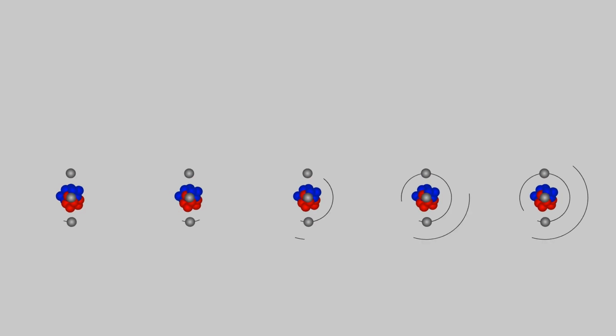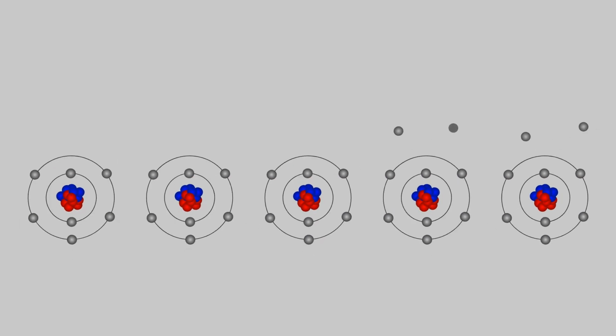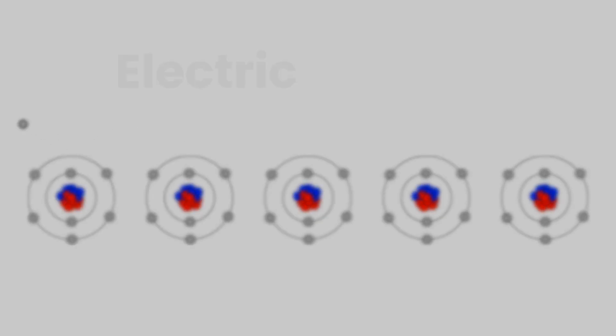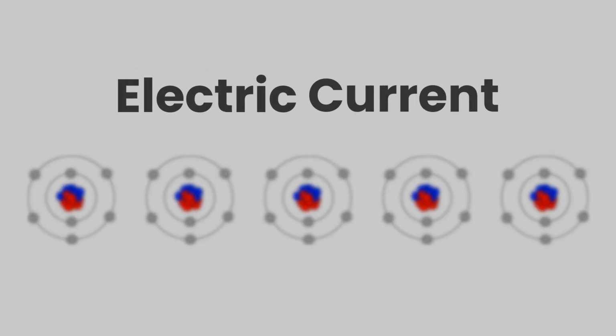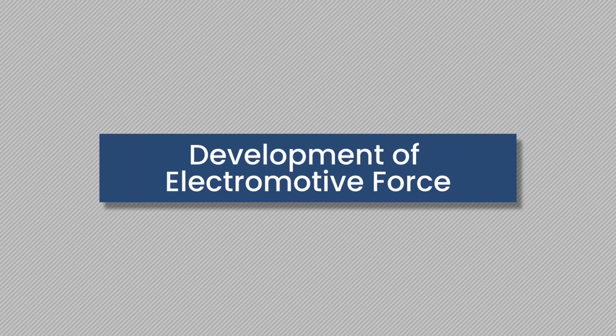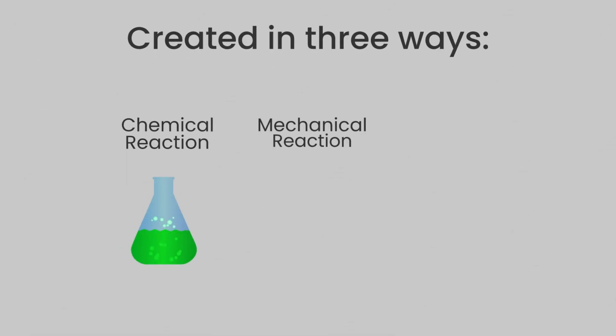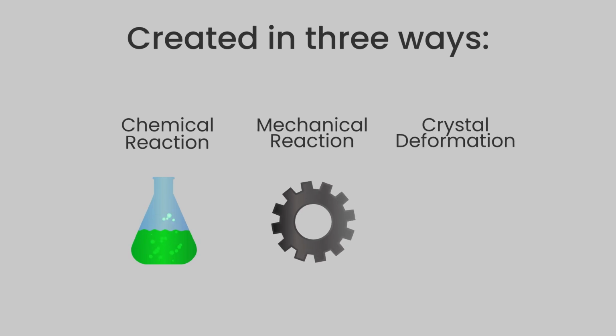We can create a flow of electrons when a large number of them are pushed across a group of atoms. This is called electric current. Development of electromotive force. In a car, this is created in three ways: chemical reaction, mechanical reaction, and crystal deformation.